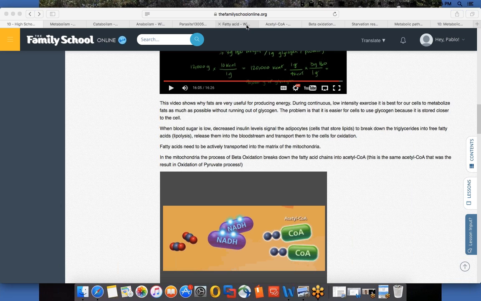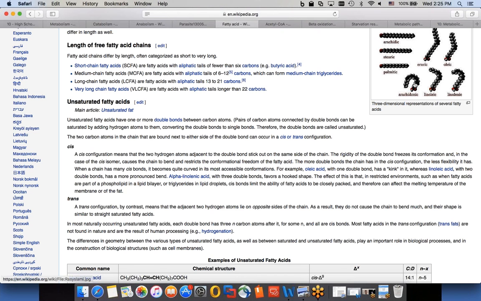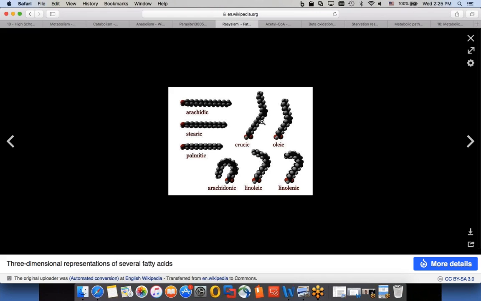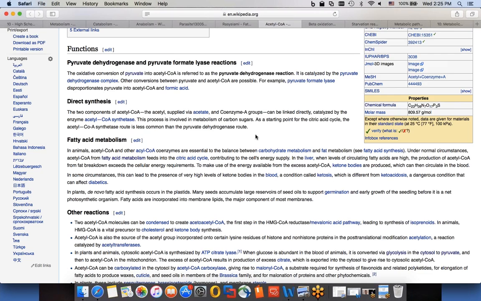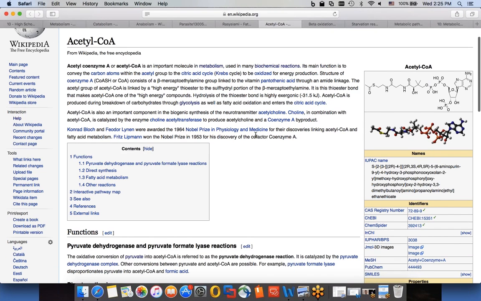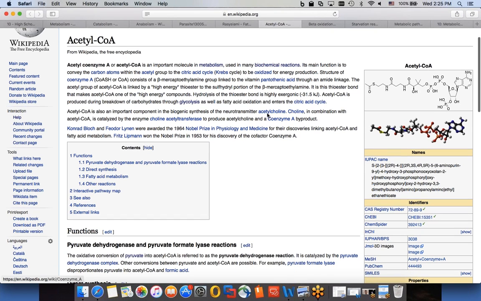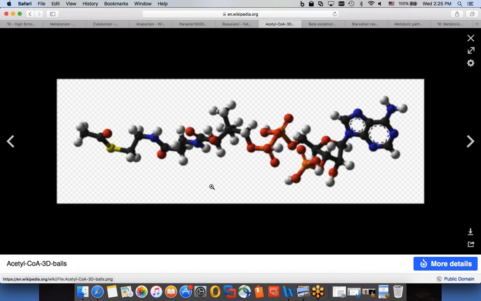Okay. So we have the fatty acids. There are these chains of carbon and hydrogen. Then they get inside the mitochondria and they are broken down into acetyl-CoA. This is the picture of the molecule of acetyl-CoA.